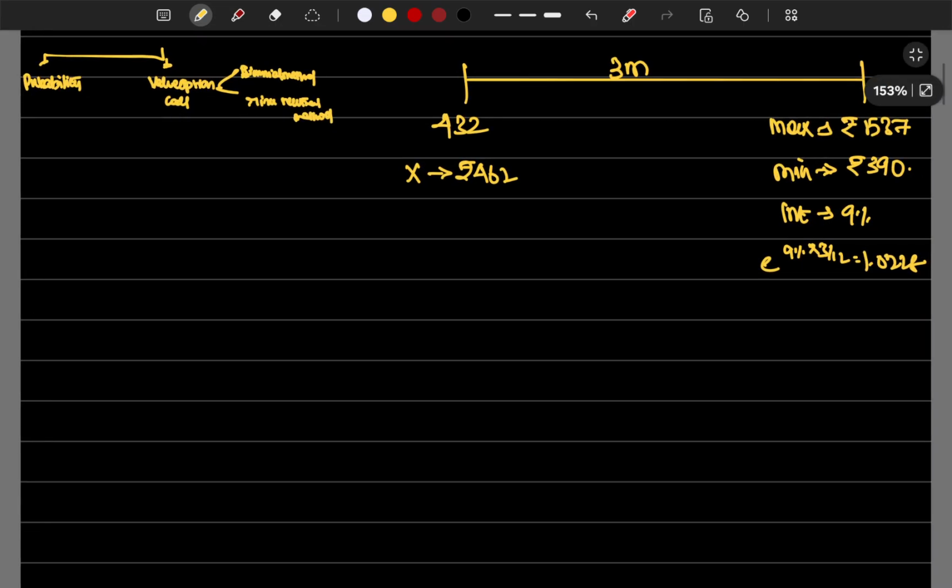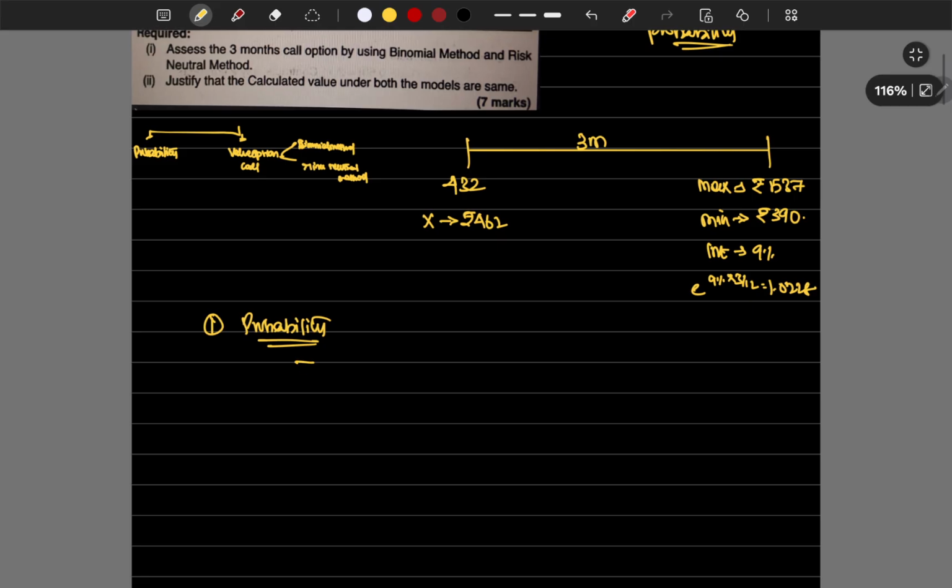So how can we find out the probability? We need the targeted future price. Targeted future price is equal to spot price today into ERT. What's the spot price?